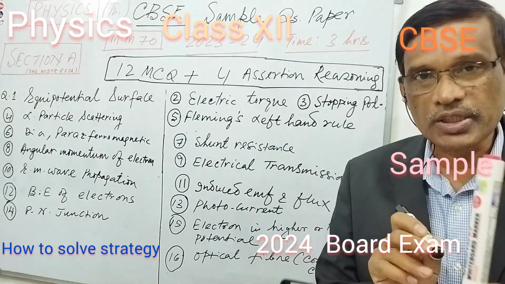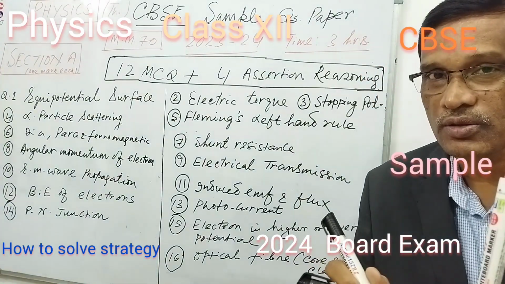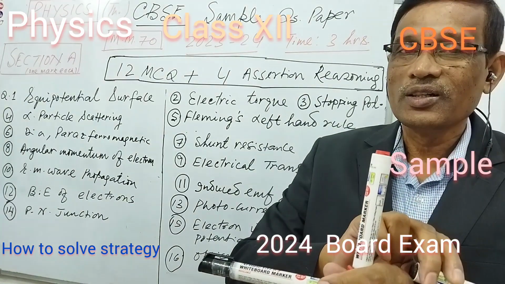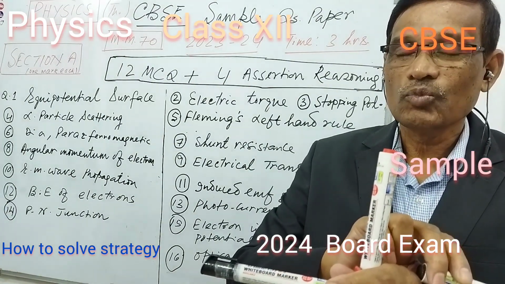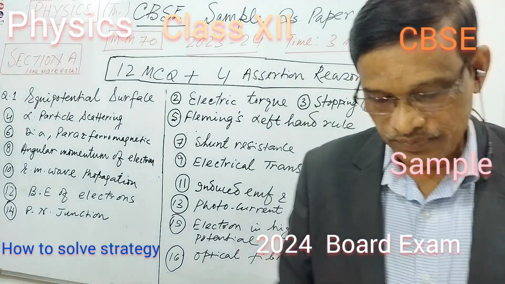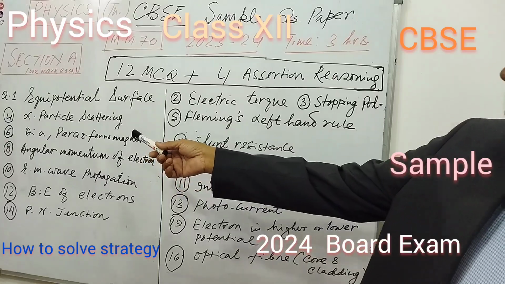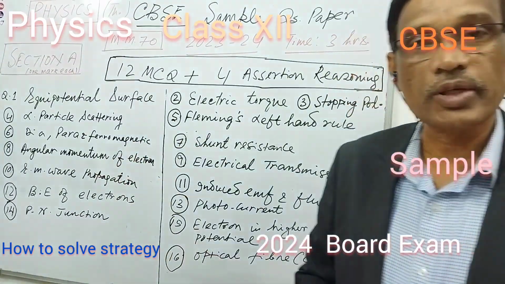Whether it will be the positive z-axis or negative z-axis, see from the movement of the electron. Opposite of that will be the direction of the current, the movement of the charge. It is easy, I hope you can do it. Similarly, the sixth question is on dia, para and ferromagnetic materials.